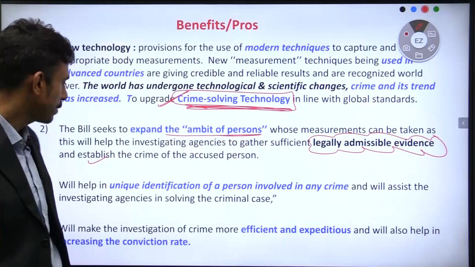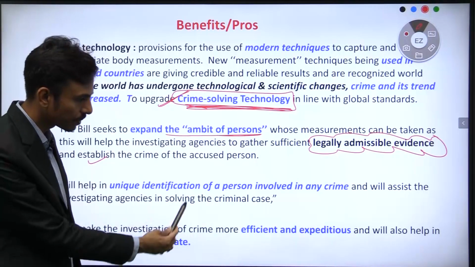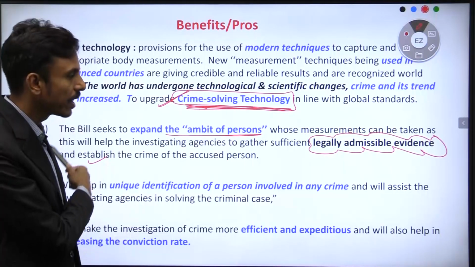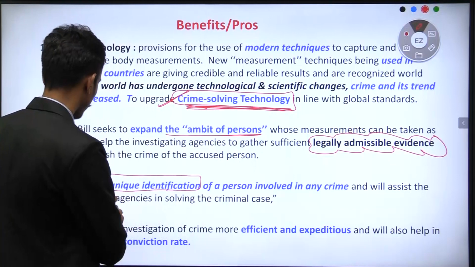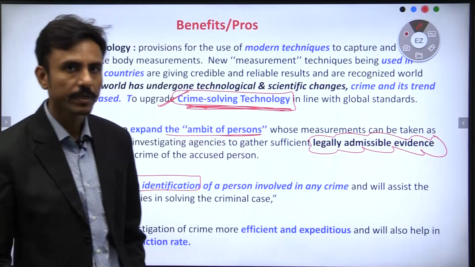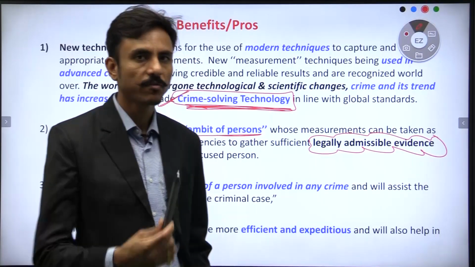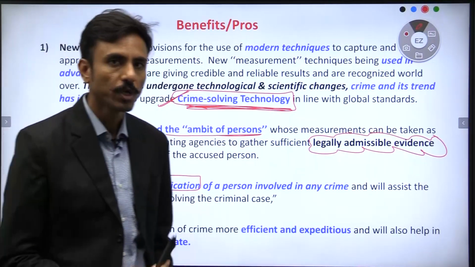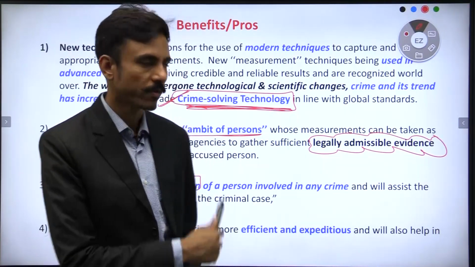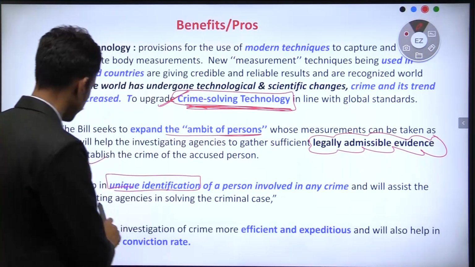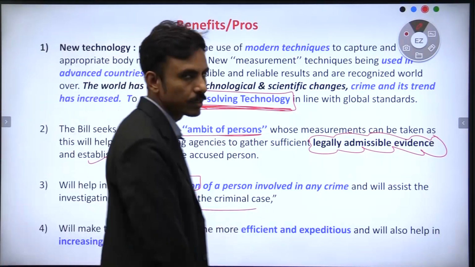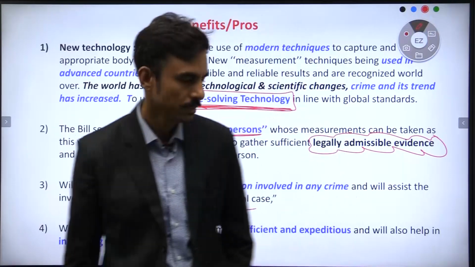It would also help in unique identification of a person involved in any crime, and if he or she repeats such a crime, then definitely the police authorities would be better placed to identify the criminal because of the measurements, and it will assist the investigating agencies in solving criminal cases.